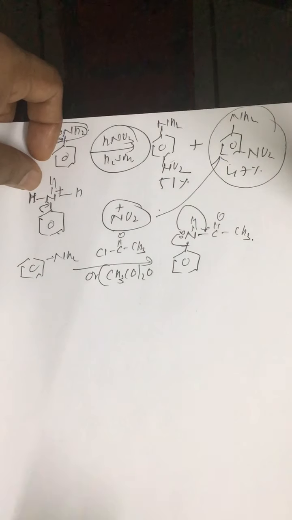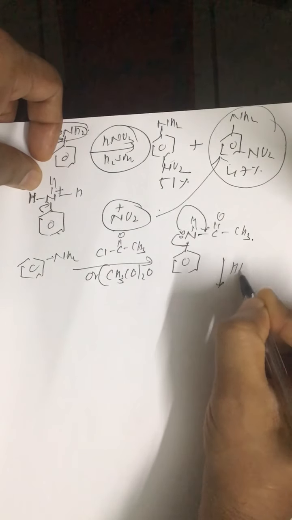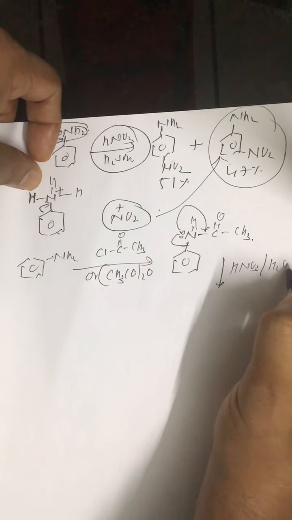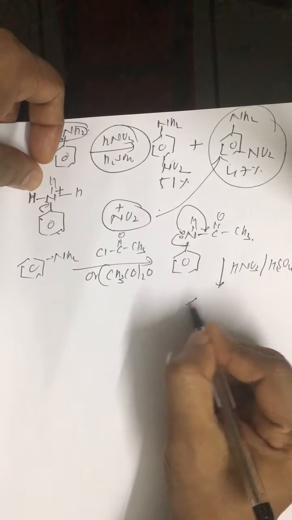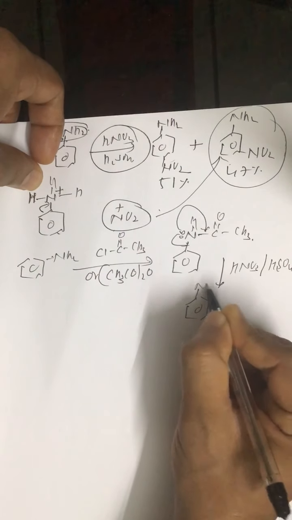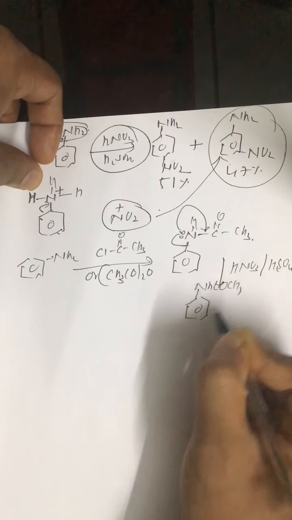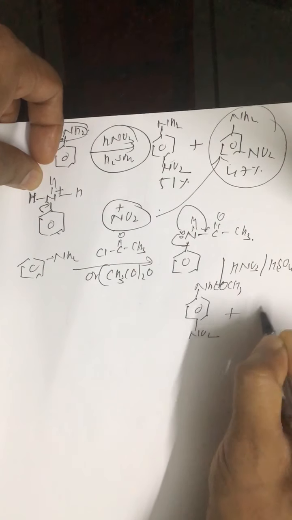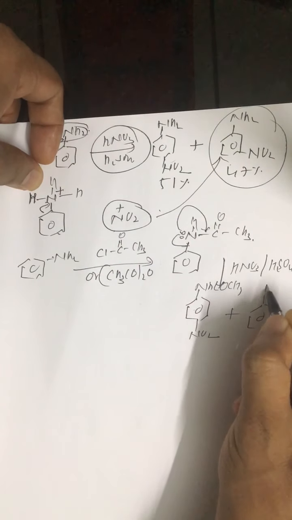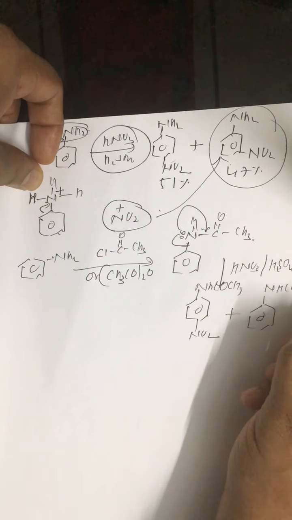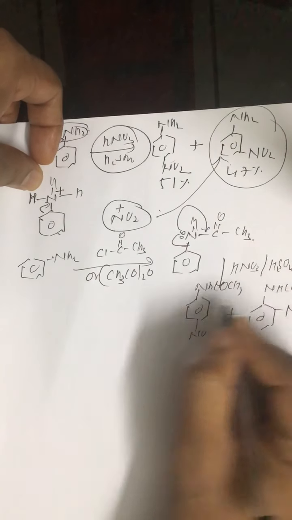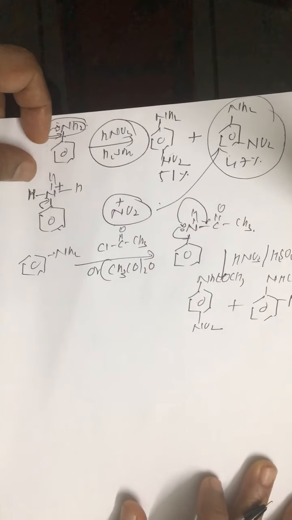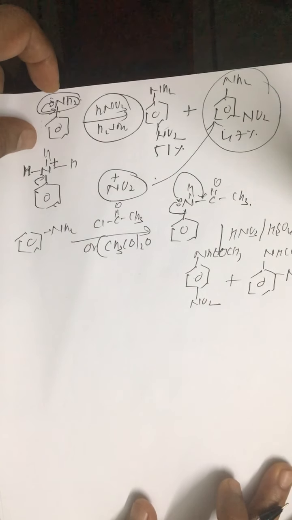And now if it is nitrated, we get ortho and para nitroacetanilide, NHCOCH3, with nitro at the para position and at the ortho position. And finally this NHCOCH3 group is hydrolyzed to the NH2 group. So these points are important.